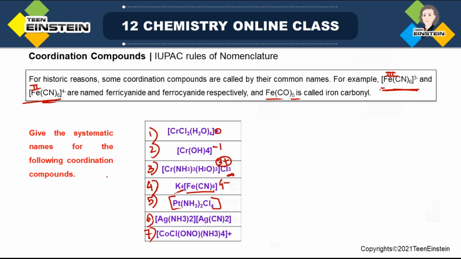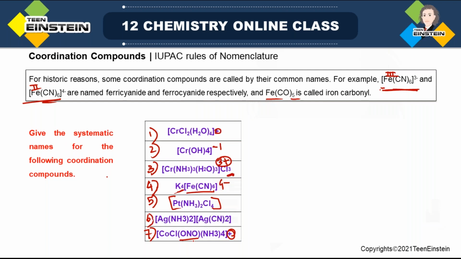The seventh example. This is actually a complex cation, the same as the first example, but here we have taken a special kind of ligand, NO2, and see how it is written. It is not written as NO2, it is written as ONO. Why is it written in this way?